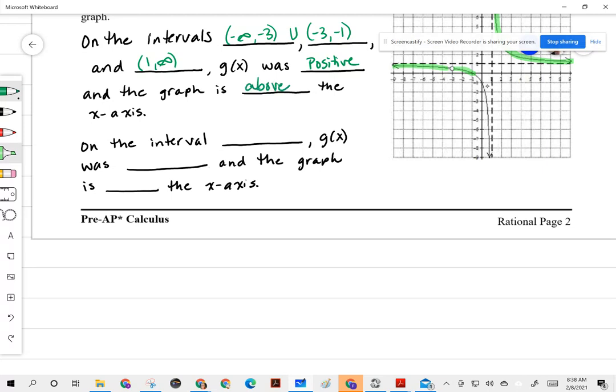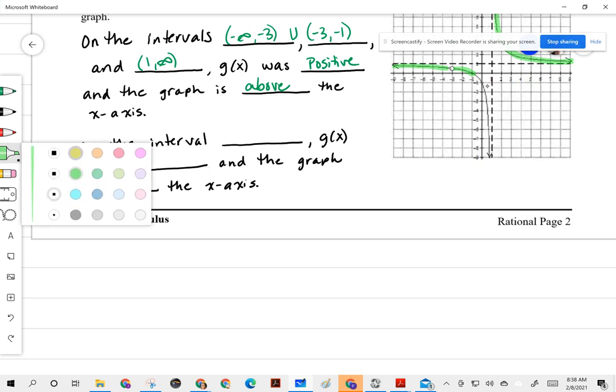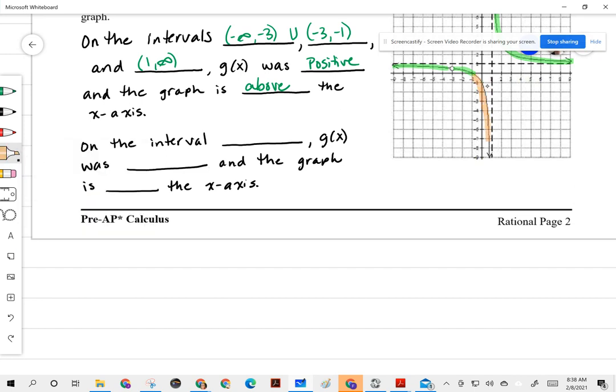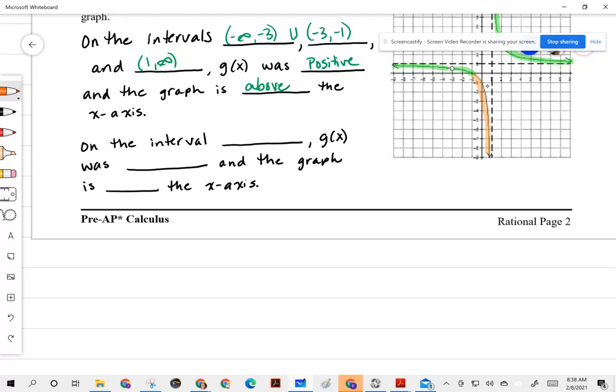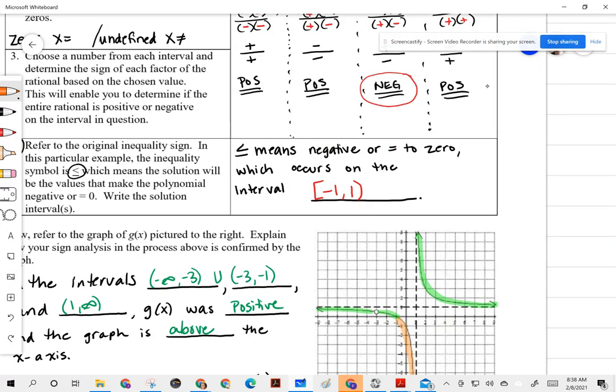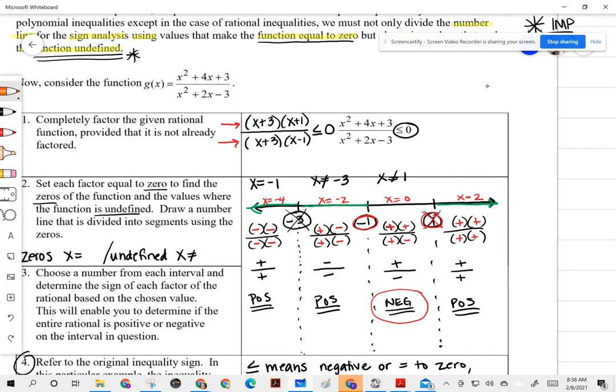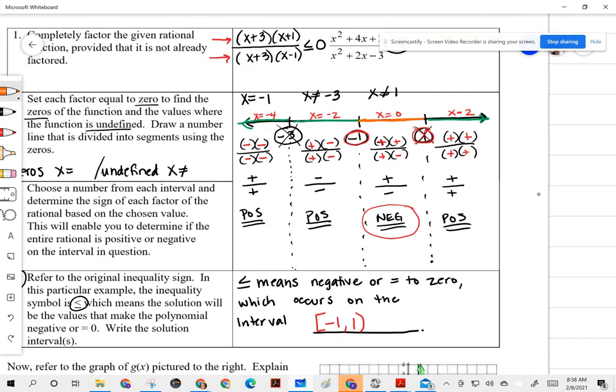Okay. All right, so now let's take a look at, let's do orange here. And so this is the portion where it's going to be negative. So if I look at my number line analysis, it's negative from -1 to 1, but we have to be very careful on how we write that.